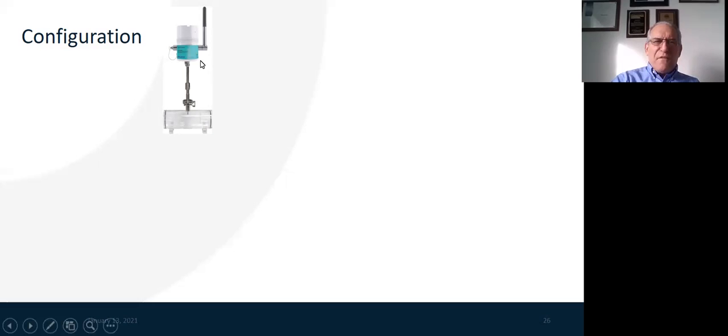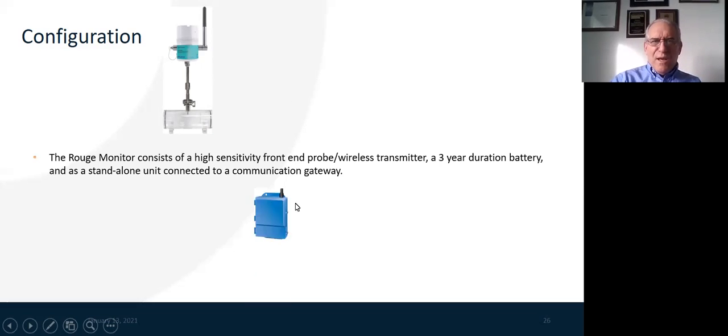Everything is run off of a battery that's sitting inside the top part where the radio is, and the wireless unit then communicates to a gateway. That gateway allows it to have direct communication to all of these units that might be out in the field, and that runs at 2.4 gigahertz on a random radio basis.